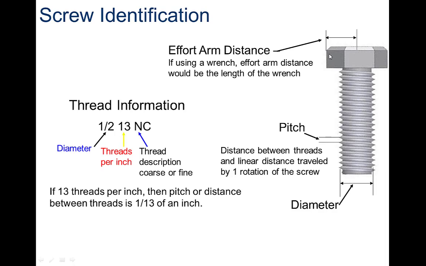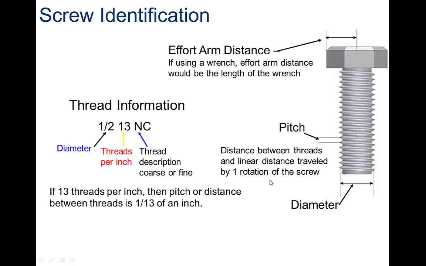If we just put our fingers on there and twist, then that is our effort arm distance. We might also put a wrench on there to increase that, so we're putting a lever on this. That adds a little bit more complication. So for right now, the effort arm is just this distance from the center of the bolt out to the edge of the bolt head.